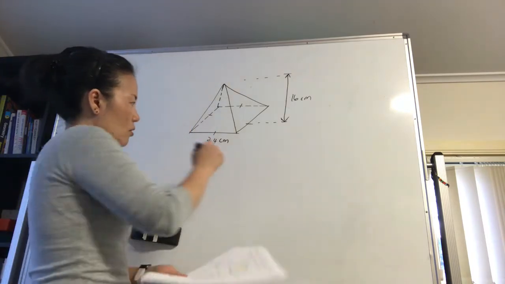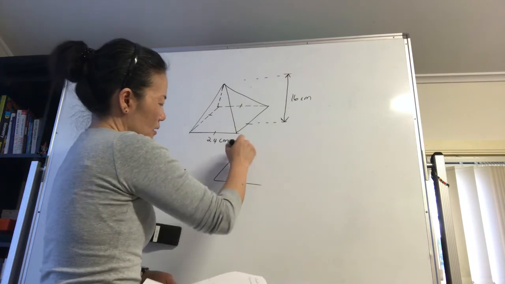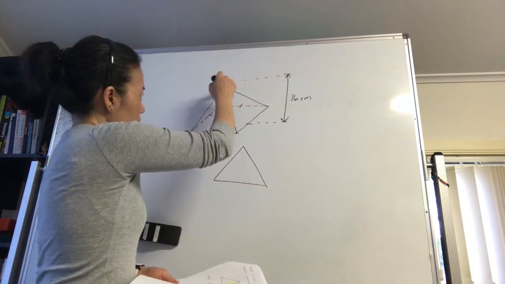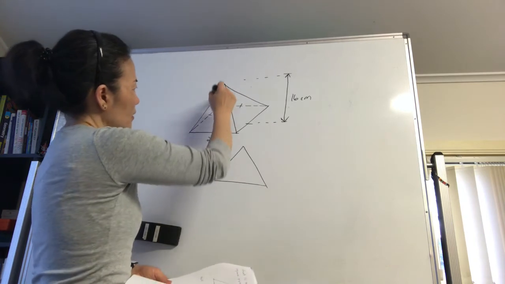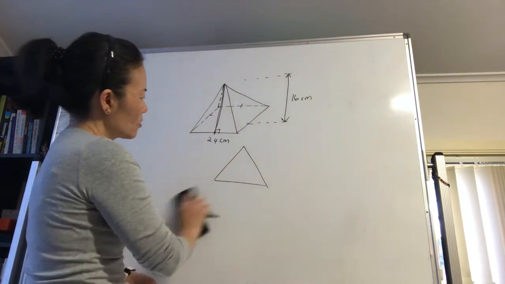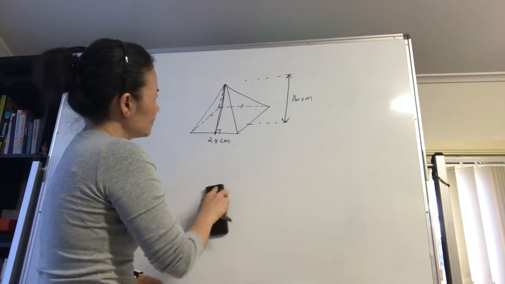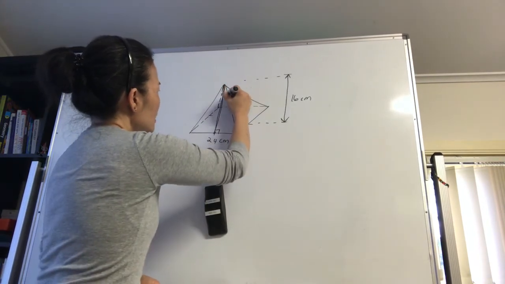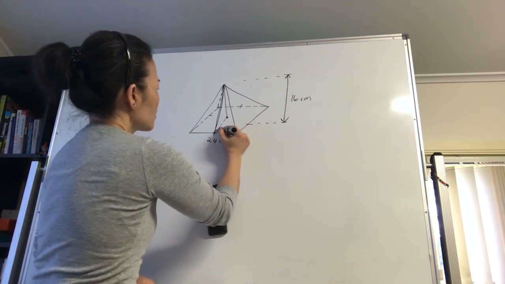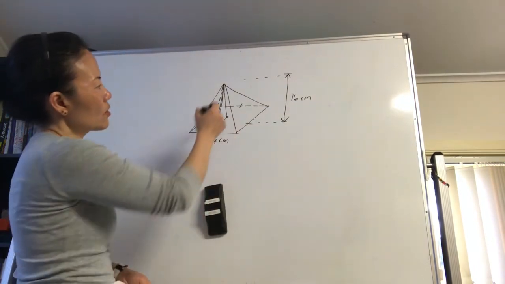Okay, so I'm going to look at this right now. Slant height will be right there. That's my slant height. And then my height is right there in the middle, and it goes this way. So that's my 16.